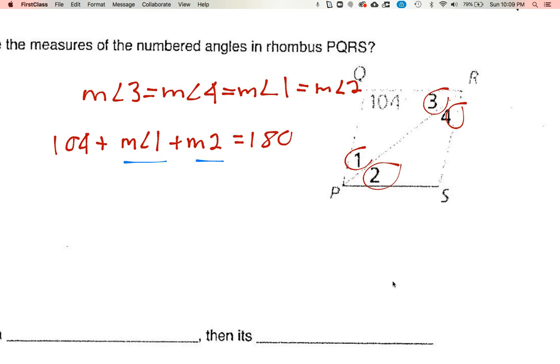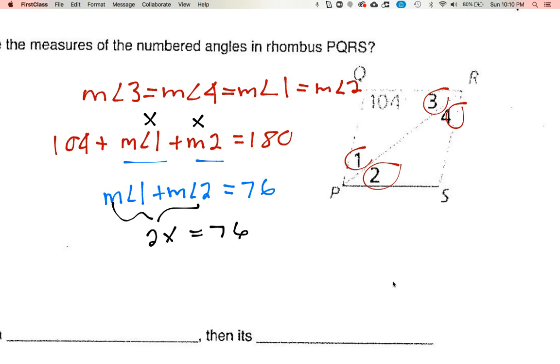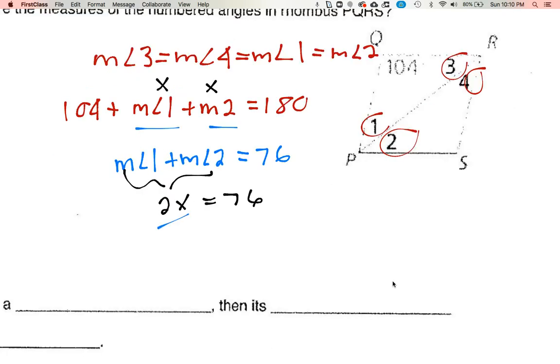So the measure of angle 1 plus the measure of angle 2 has to equal 76. This is basically saying x, and this is basically saying 2x, which is much more algebraic. Then divide both sides by 2. x equals 38. So they are all 38.